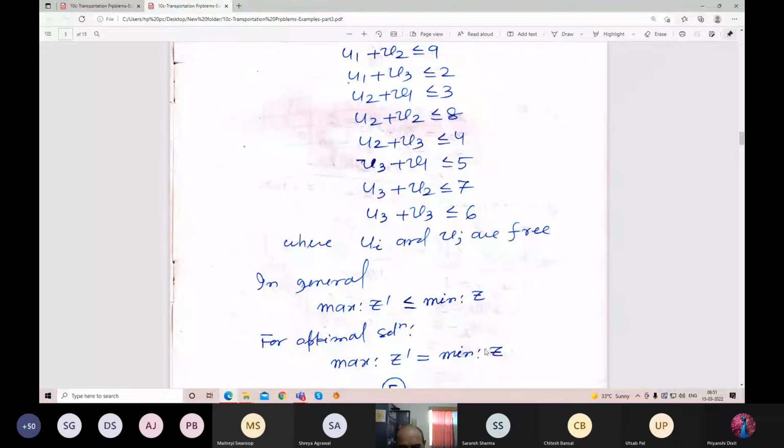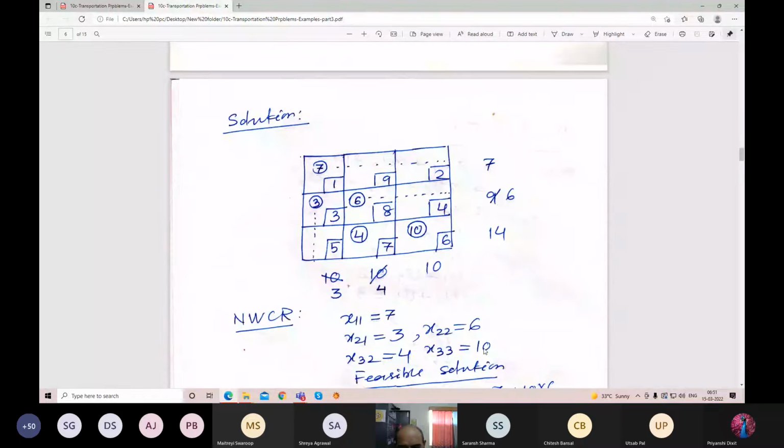Now, this is the problem. We are finding a phase-wise solution using the northwest corner rule. We are finding a trial solution or phase one solution using the northwest corner rule.